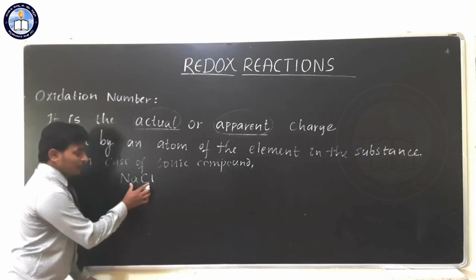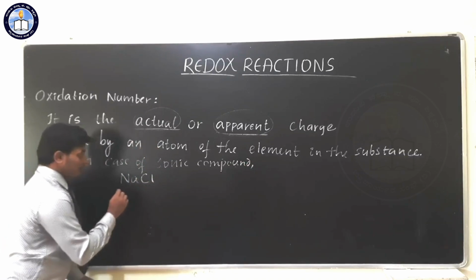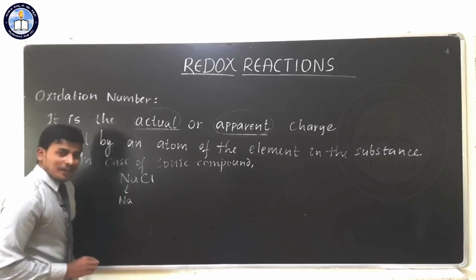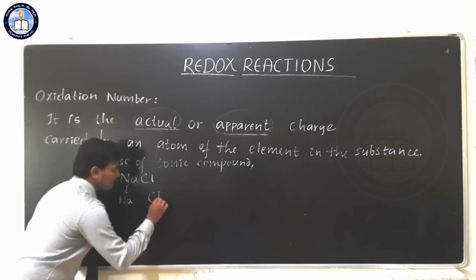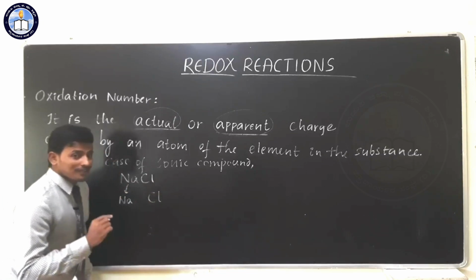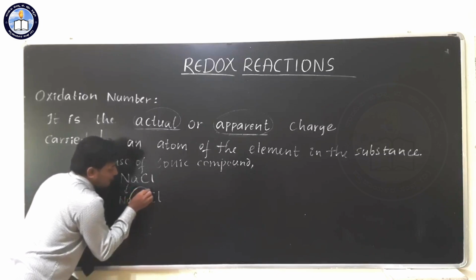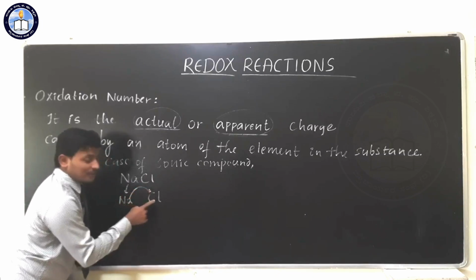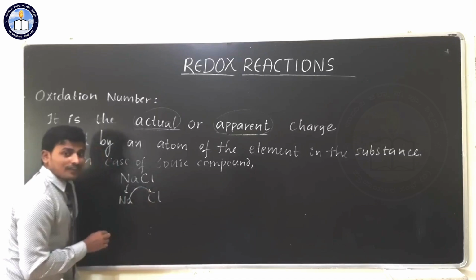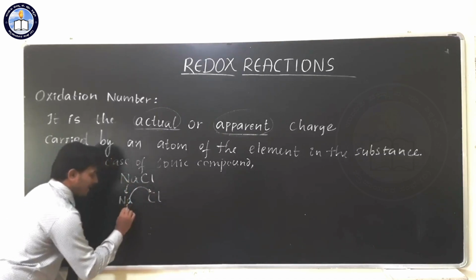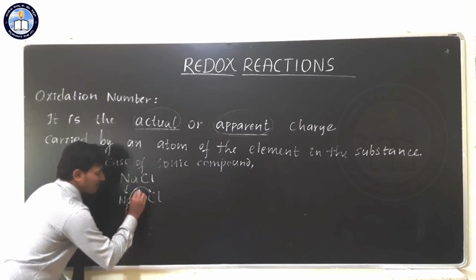How the sodium chloride is formed? When sodium atoms combine with the chlorine atom. How is it possible? By transfer of electron taking place from sodium to Cl. Hence, sodium is losing one electron, right?